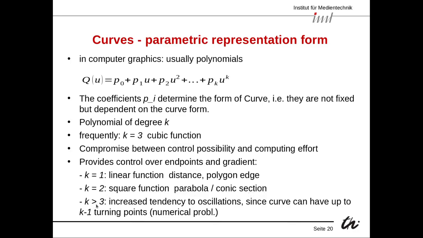And for k larger than 3, we have an increased tendency to oscillations because of this high exponent, since the curve can have up to k minus 1 turning points, and that could become a numerical problem. So that's why k equals 3 is a good compromise.